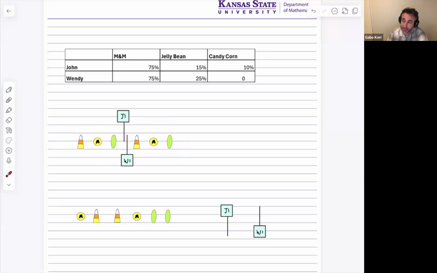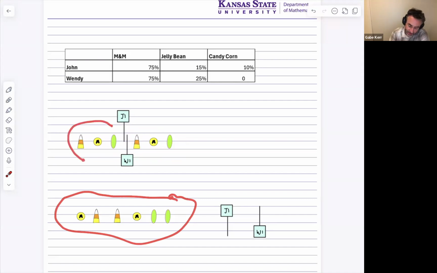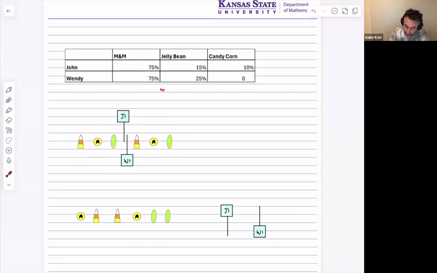However, when we take the same candy and line it up in this way, John walks over and says, well, I want to get 100, right? If I add up the values of these pieces of candy for John, I'll get 100. Or for Wendy, I'd get 100. So this is 100 out of the 200.